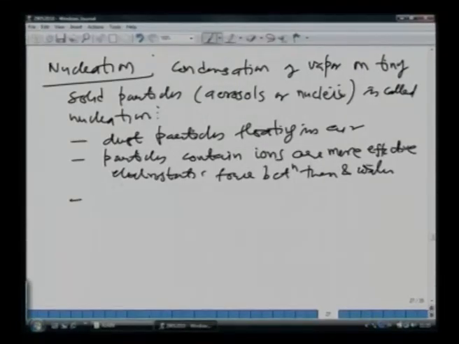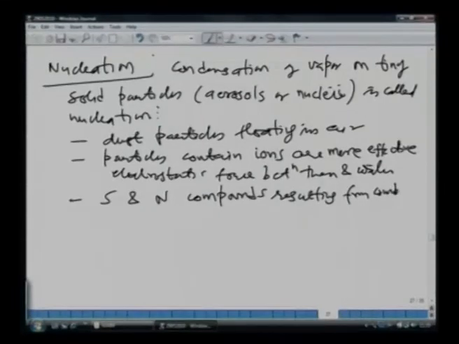Then you have sulfur and nitrogen compounds resulting from combustion. Due to various industrial activity, we have a lot of these pollutants floating in the air. I think I will write more and speak less.